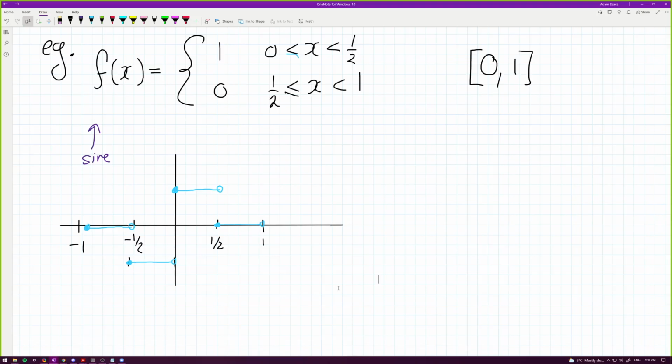It has to be reflected across this line, like that. That's the definition of odd. And so this would repeat, on and on and on, from -1 to 1 there.